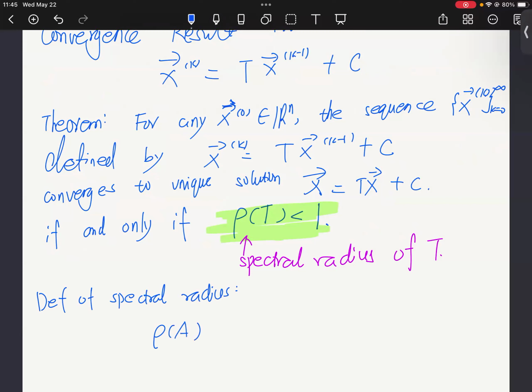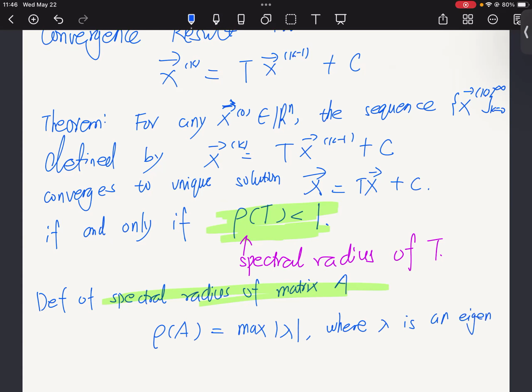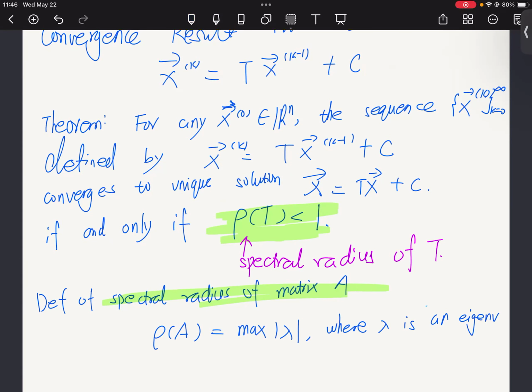Let's say this is the spectral radius of the matrix A. The spectral radius of A is just the maximum of the magnitude of the eigenvalues, where lambda is an eigenvalue of the matrix A. If A is an n by n matrix, then you will have n eigenvalues, right?